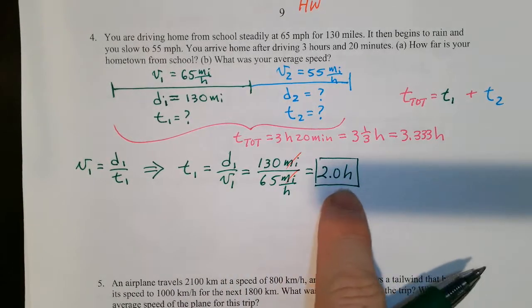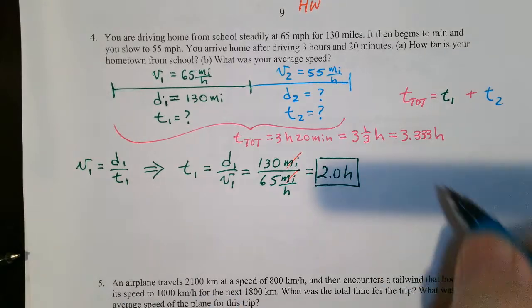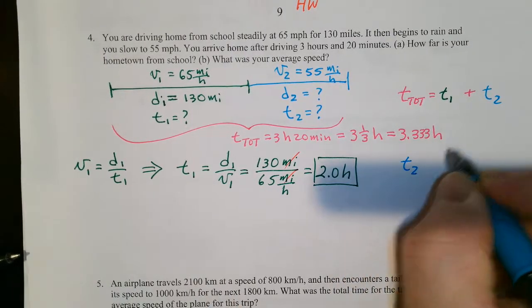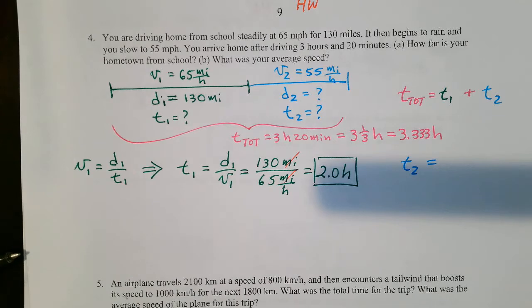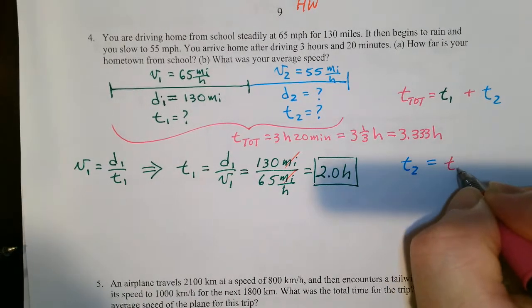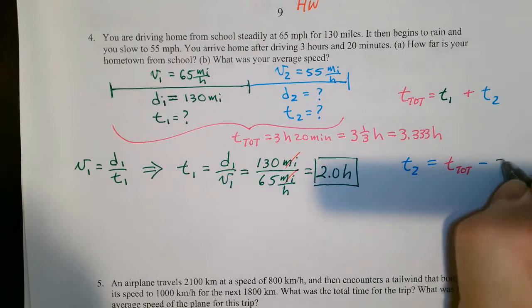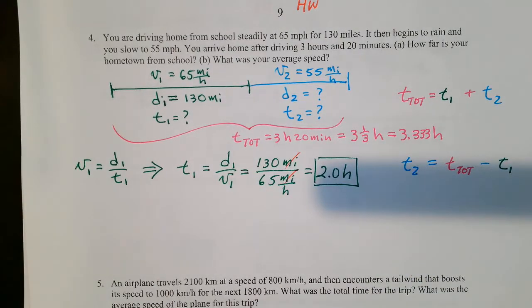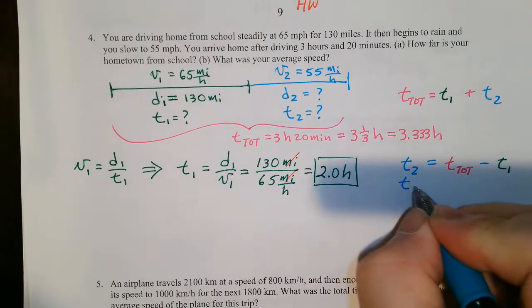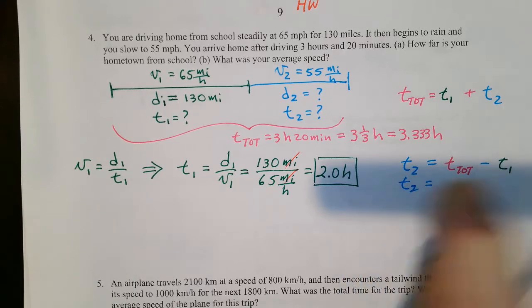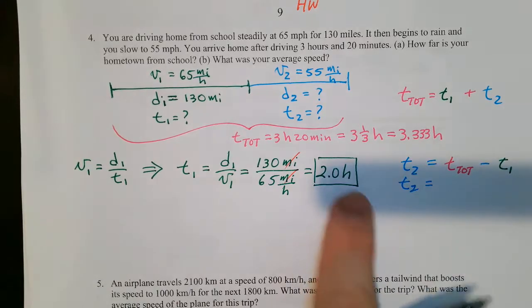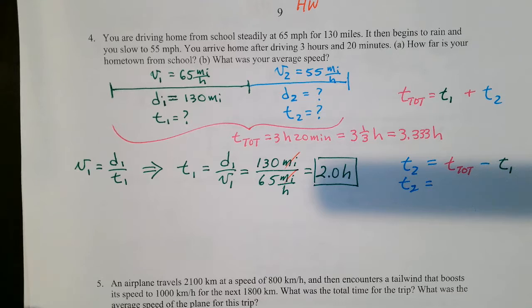So once we know that, we can say T2 now is equal to, right, T total minus T1, right? Therefore, T total, which is 3.33 hours minus 2 hours, it's going to be 1.33 hours.